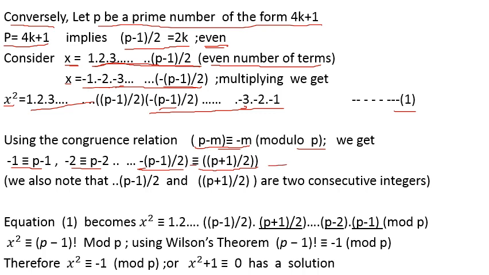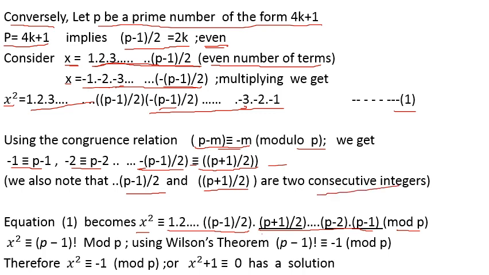modulo P. So equation 1 is rewritten as x square is congruent to, first, P minus 1 by 2 numbers as such. Then for the next part we consider positive integers in the reverse direction under congruence modulo P. It is very important and interesting to note that the last number in the first product and the first number in the last product are two consecutive integers.